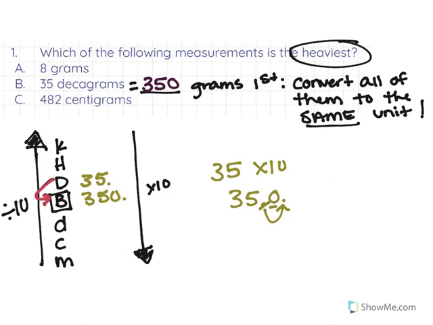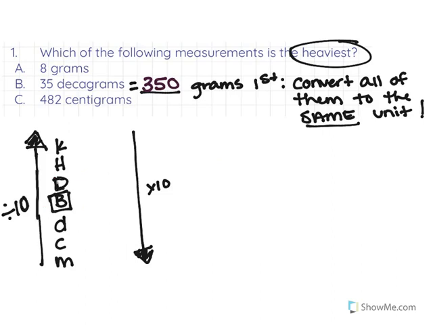Now, we need to do this for C as well. I see C gives us 482 centigrams. So we're going to start at centi, 482, and we are going to that base unit of grams.